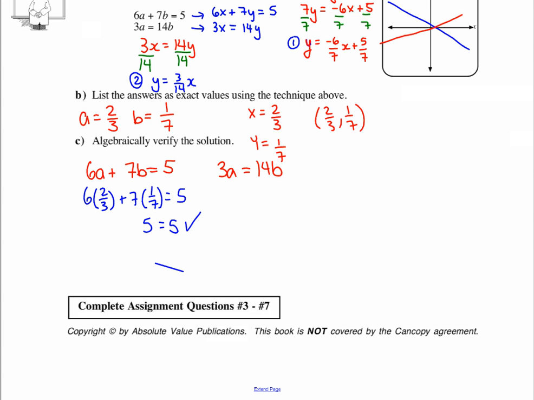This one, 3 times 2/3 has to equal 14 times 1/7. What was 3 times 2/3? What did your calculator give you? Yeah, 2 equals 2. Whew. So we're done. We survived 2 lessons, okay?